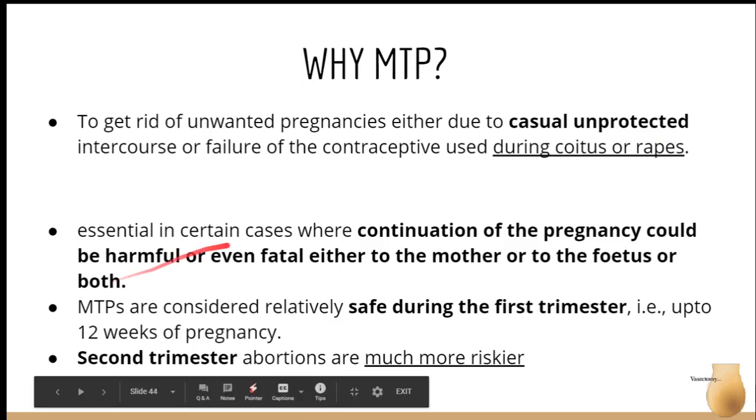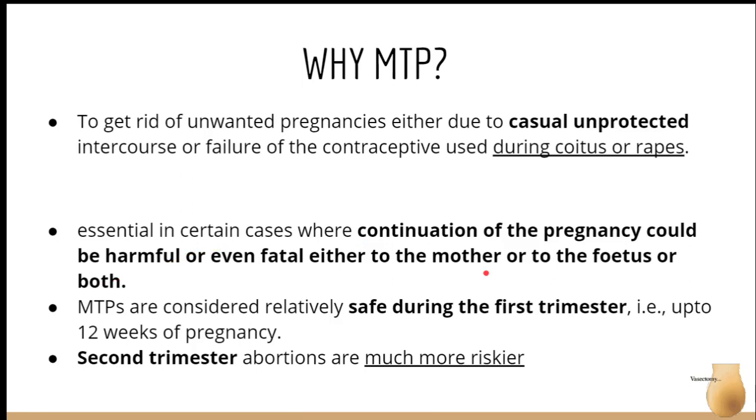It is also essential in certain cases where continuation of the pregnancy could be harmful, remember harmful, or fatal either to the mother or fetus or both. So this is the other condition where MTP can be performed.